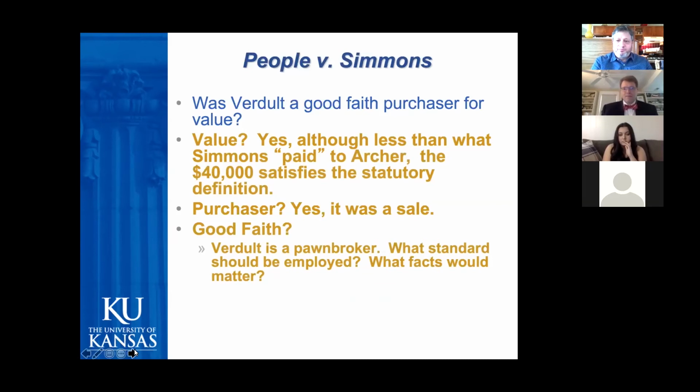I don't know this question. Yeah, so let's think about it together. So we've talked about that Verdault purchased this diamond for $40,000. He runs a pawn shop, and he got the diamond itself plus the certificate of ownership with it, right? And so if you're looking at that, what would be the things that make you think, hey, he acted in good faith here? Alice, still going back to you.